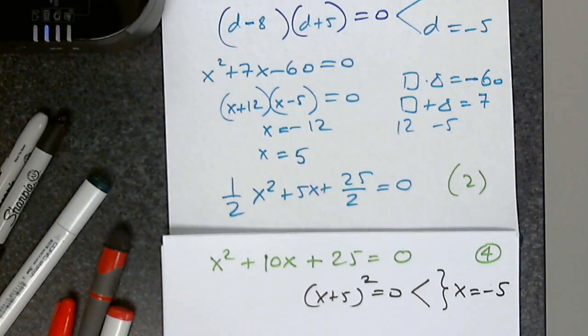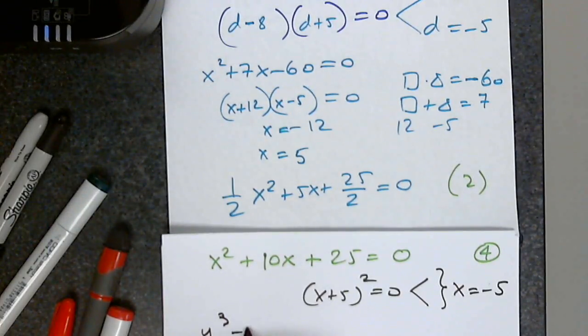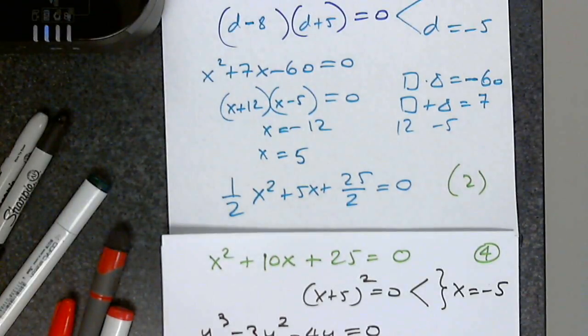Okay, last 6 problems from the handout. On the last page, page 6. Y cubed minus 3y squared minus 4y equals 0.